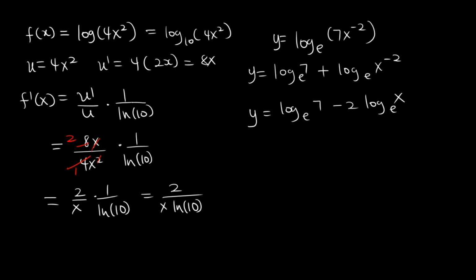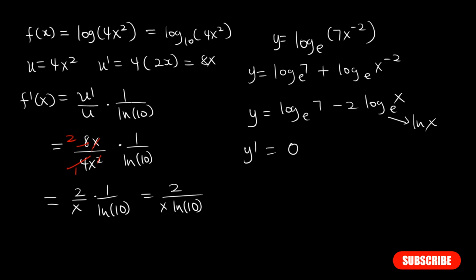So now you can go ahead and find our y prime. I'm going to have y prime equal to the derivative of log base e of 7, which will be 0 because this is just a constant, and then minus the derivative of what we have here. Let's take note that log base e is the same as ln, so I can write this as ln x.